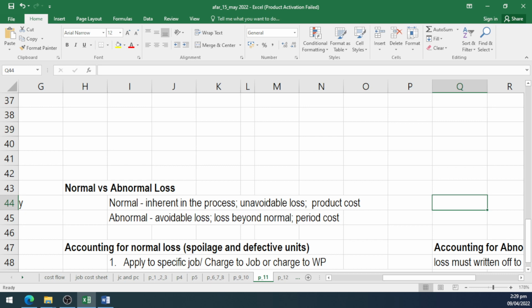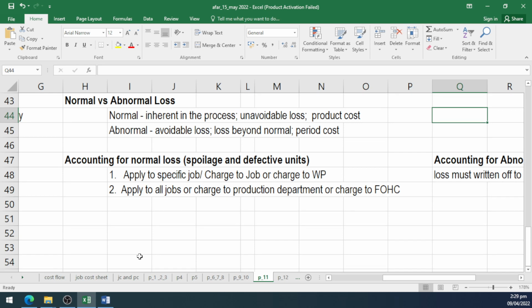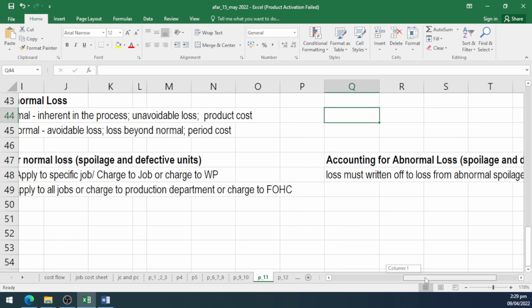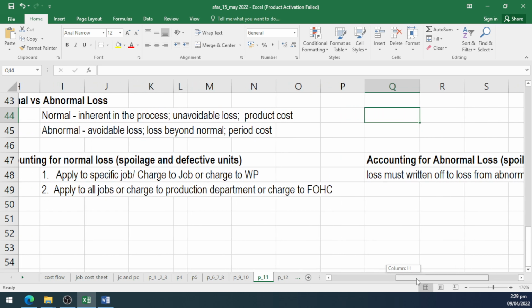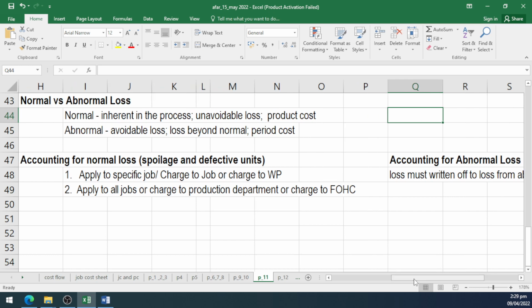So, ang ating i-accounting, normal spoilage, abnormal spoilage. Normal rework, abnormal rework. Yan ang una nating i-accounting. Ang method na pwede natin gamitin for spoilage and defective units, for normal.